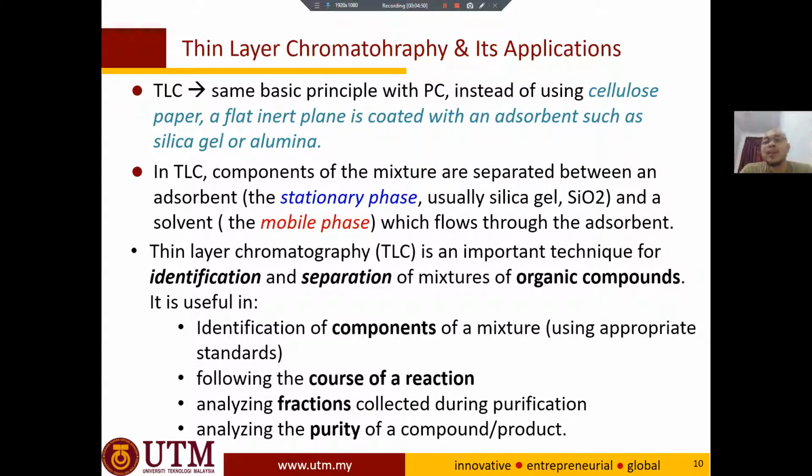Okay, so the kind of question. For example, please state the application of the TLC. You can just state, we just state here and here. But for example, please explain 2 applications of the TLC. So you need to not only state, you need to explain.